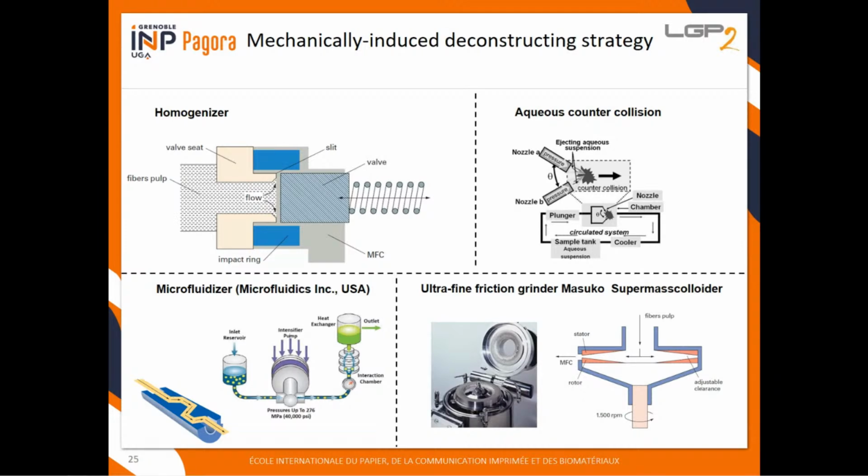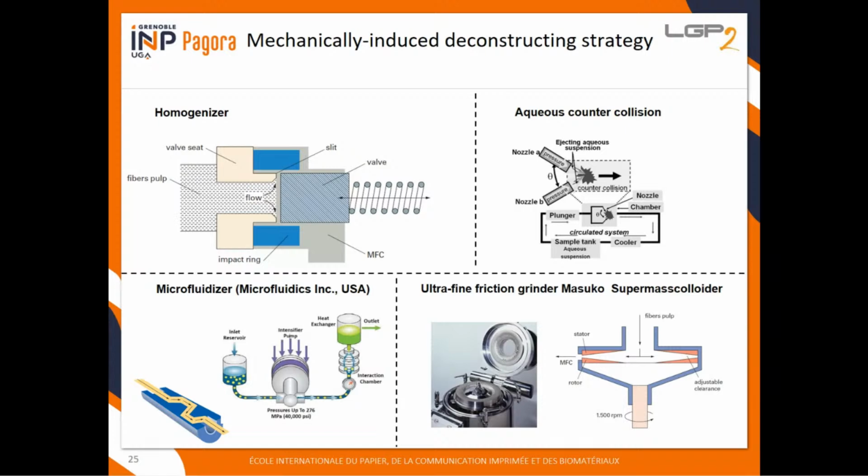The suspension of cellulose fiber, after purification of natural fiber, is submitted to a strong shear action in order to progressively release the microfibrils from the cellulosic fibers. So different equipments can be used, which are here. I will not describe all this equipment, but the effect is the same.